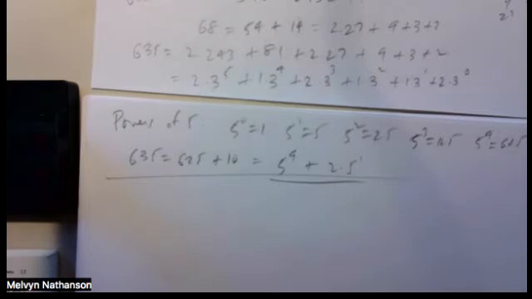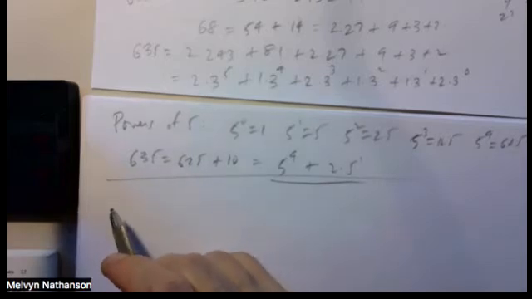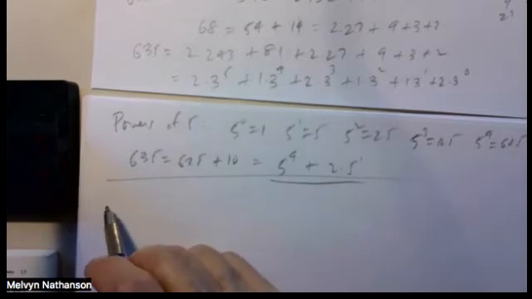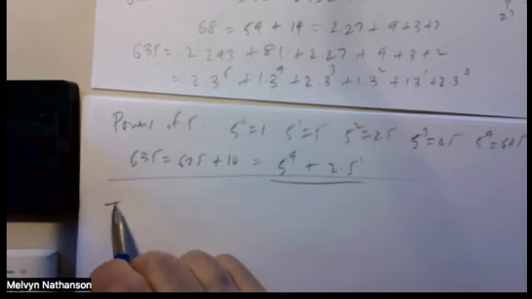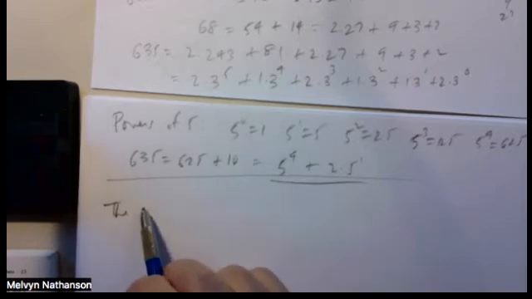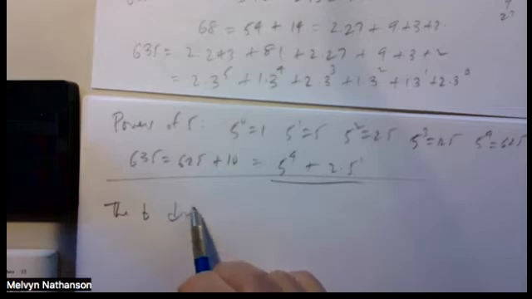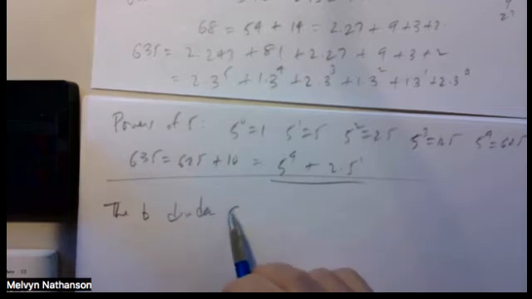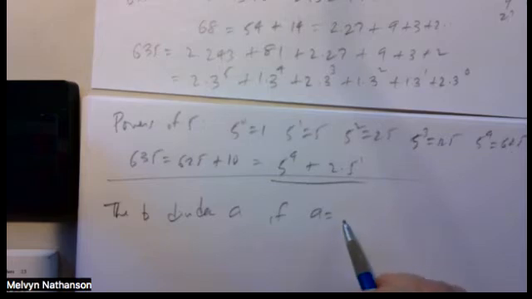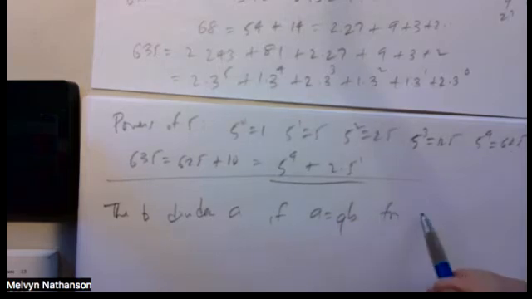Now, in arithmetic, we talked about the division algorithm. In general, we say the positive integer b divides a if a is equal to q times b for some integer q. That is, when you divide a by b, the remainder is 0.